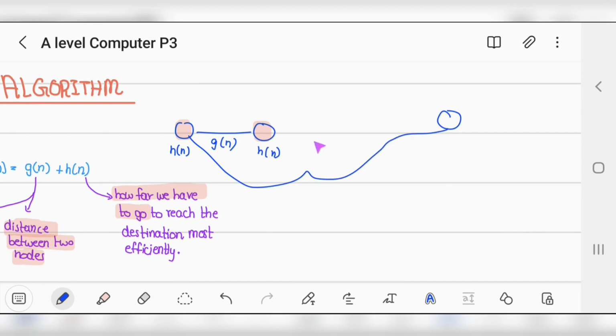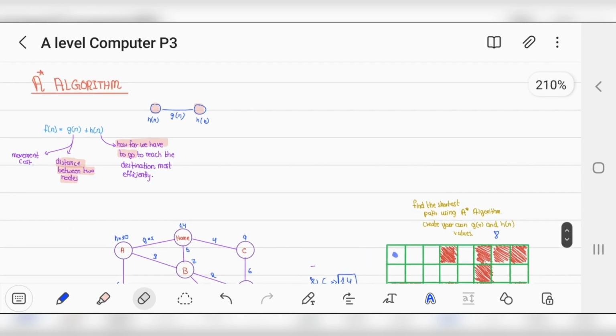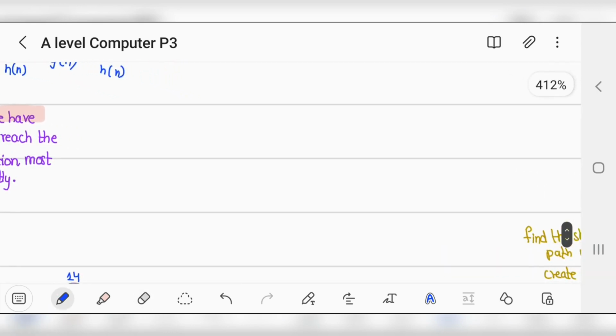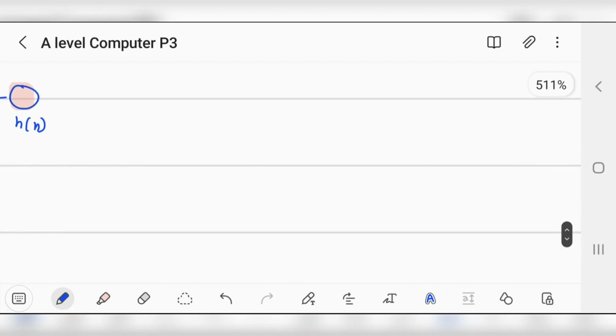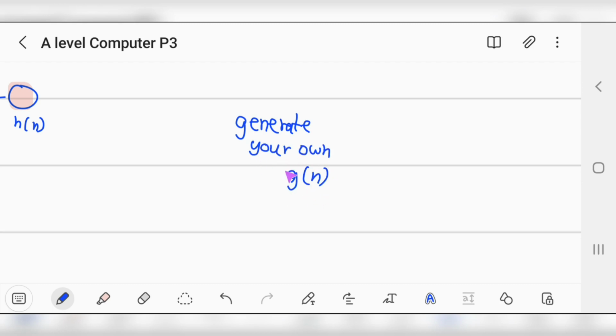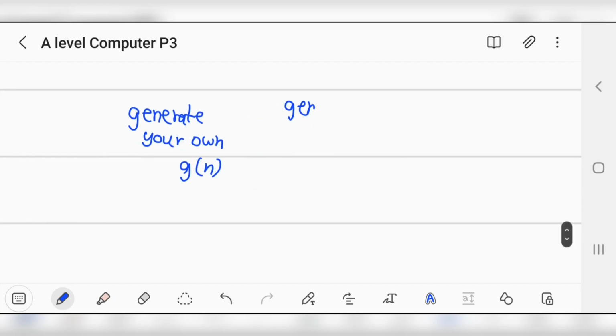It will go something like this. The Hn should be 11, this should be 15, something like this. Now there are two things to understand. The first thing is, you could be asked to generate your own Gn, your own movement cost, and find your own heuristic value Hn.